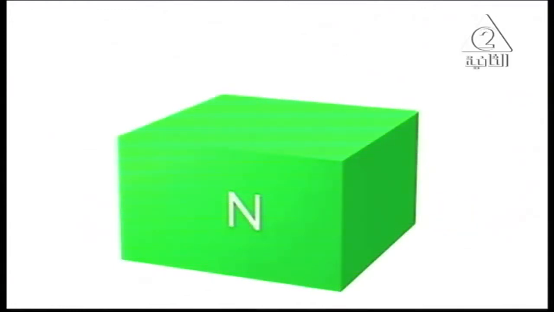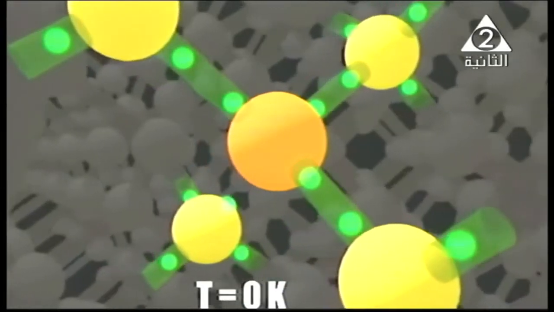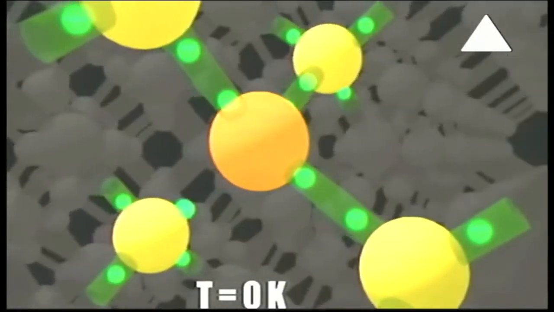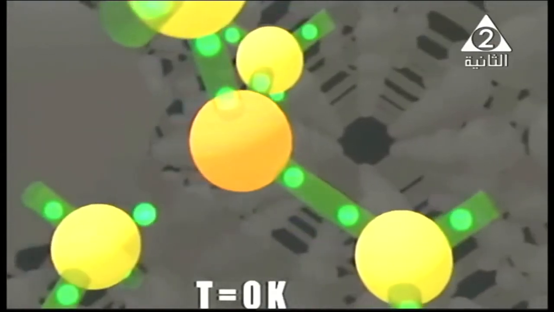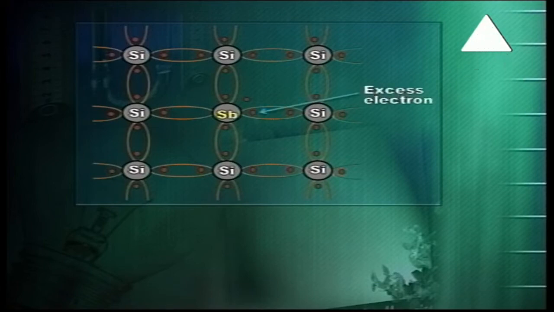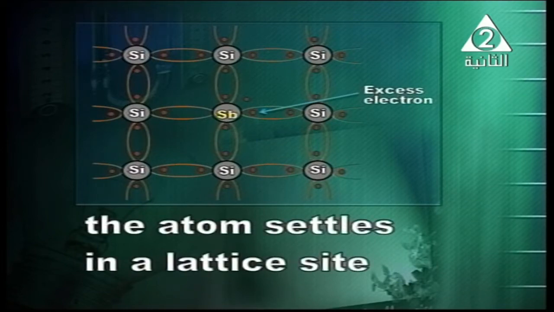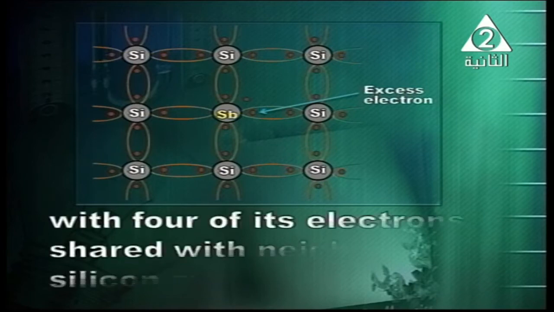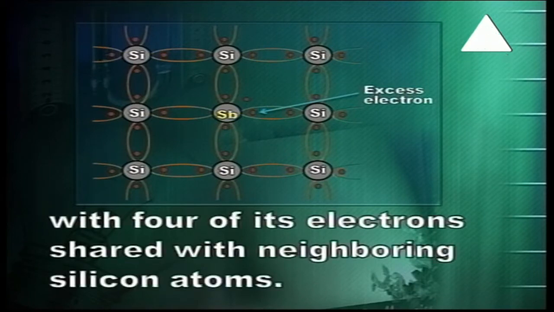Antimony atoms have 5 electrons in their outermost energy level. When an atom of antimony is added to a silicon crystal, what happens? It is shown in front of you. It settles in the crystal lattice. The atom settles in a lattice site with 4 of its electrons shared with the neighboring silicon atoms.